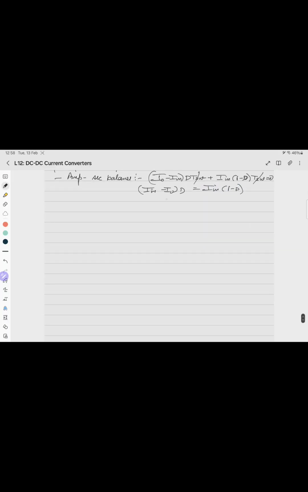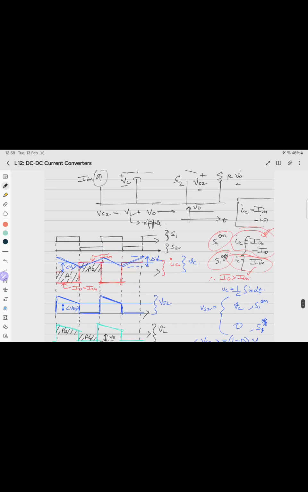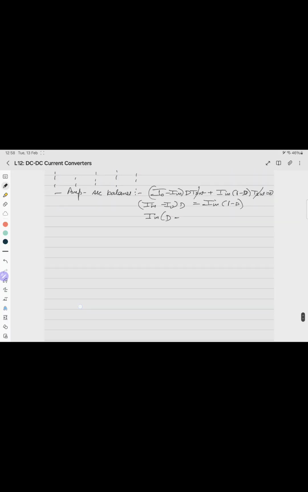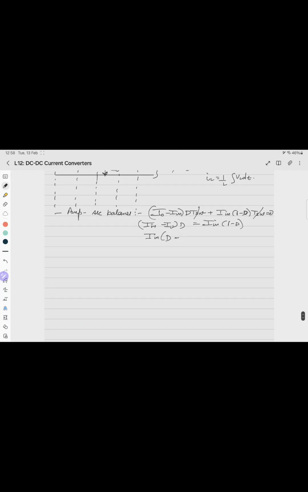If I expand, it will be IN D minus I0 D, plus IN into (1 minus D) with T switching. I reversed this sign.